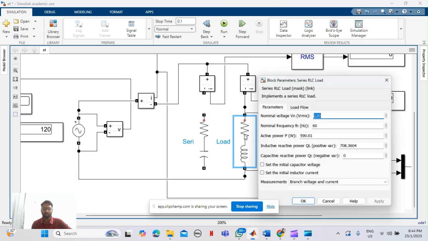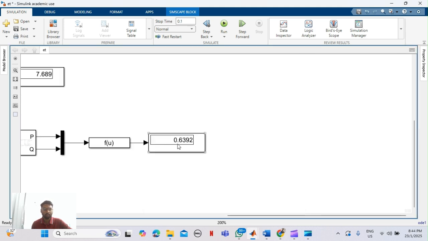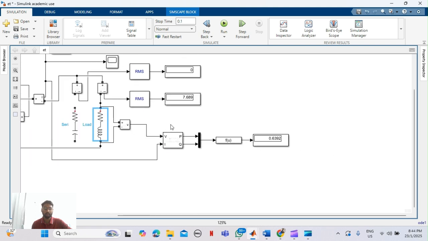So now the block has a load, which has the active power we also calculated, which is 590.01, and the inductive reactive power is 708.3604 as we calculated. We can see that the power factor is equals to 0.64 as we calculated.